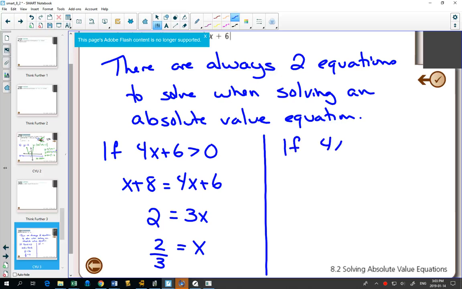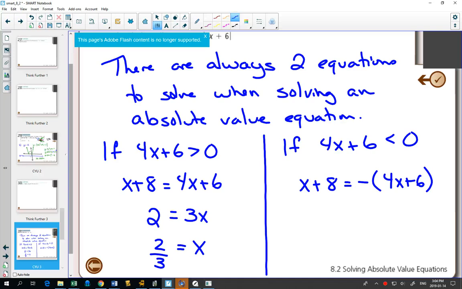If 4x plus 6 is less than 0, then you would have x plus 8 equals, what would the absolute value do to the 4x plus 6 if it was less than 0? It would multiply it by a negative to make it positive. So we show that algebraically by putting a negative in front. If the 4x plus 6 is negative, the absolute value makes it positive by multiplying by -1.